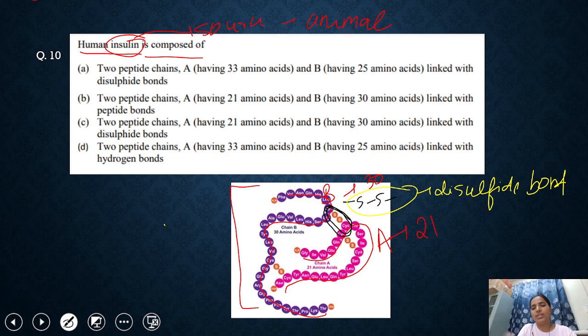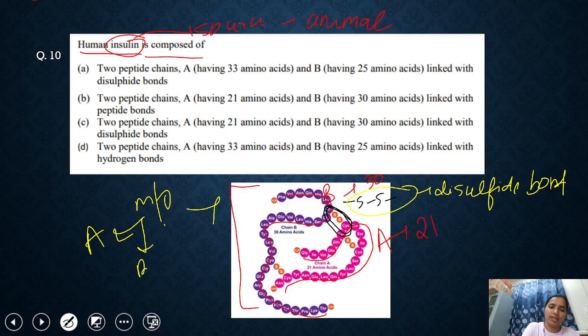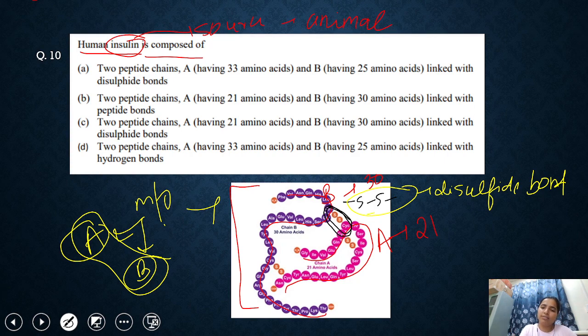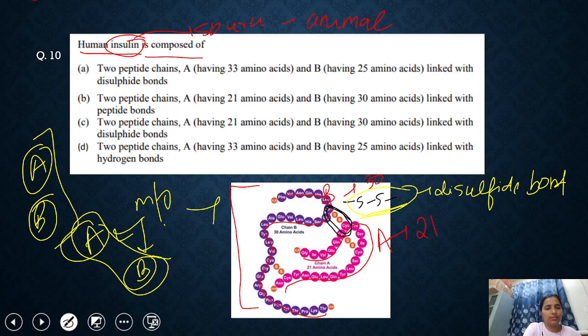When we first tried to develop insulin in a microorganism system, the issue was that we have to produce the A and B chains separately. Then after producing both chains, the disulfide bond has to be made artificially, not in the microorganism.